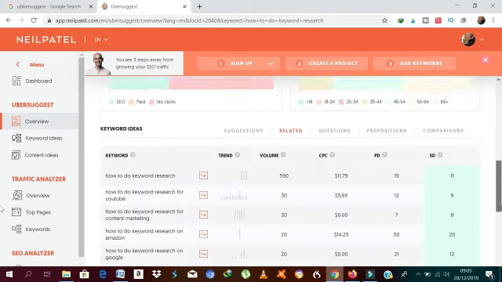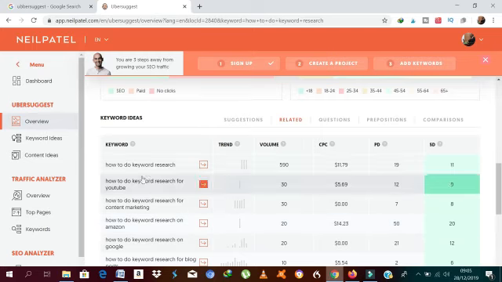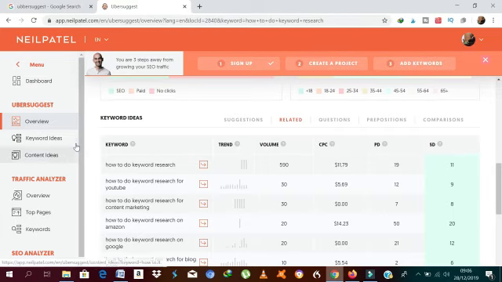And Ubersuggest will give us all the related keywords under our main keyword. And all this you can put as your video tags or add to your description to give it more boost in order to rank in Google. Okay, so this is very simple for us to do.